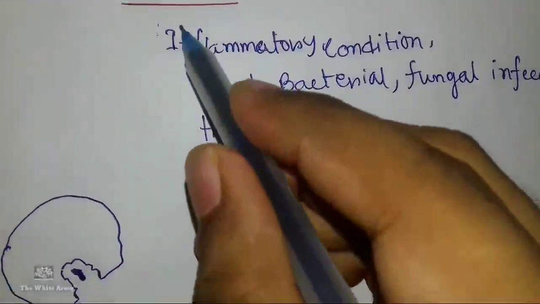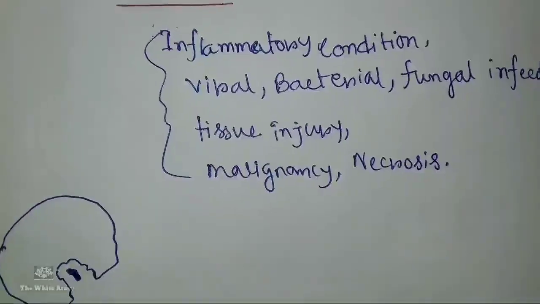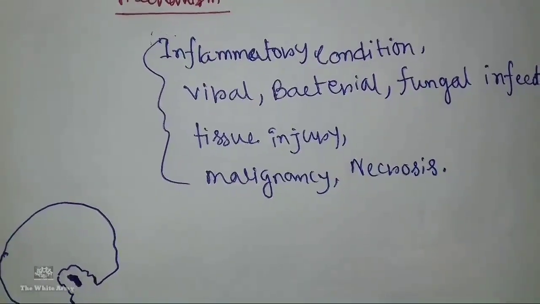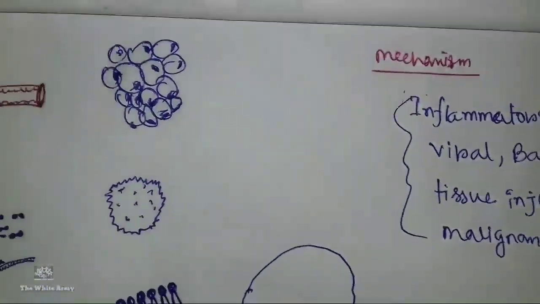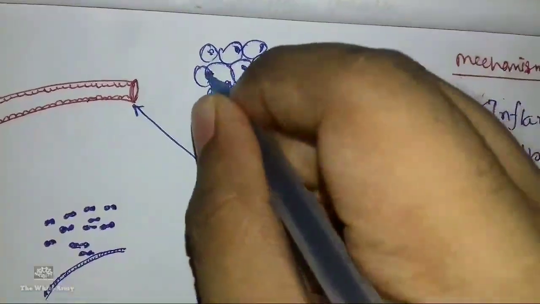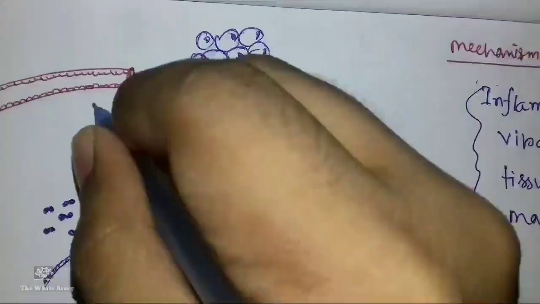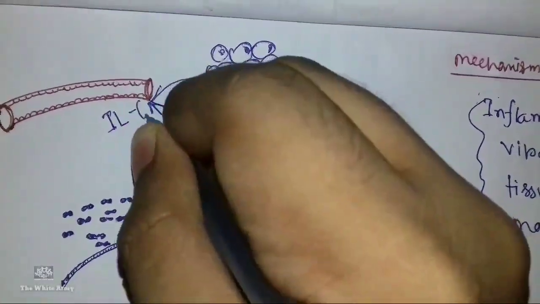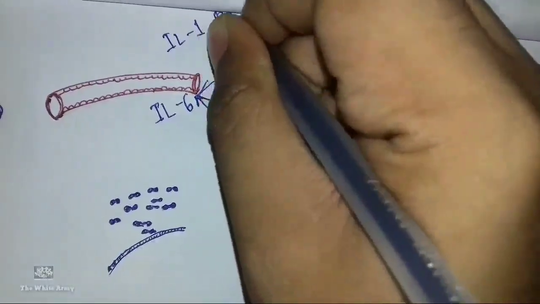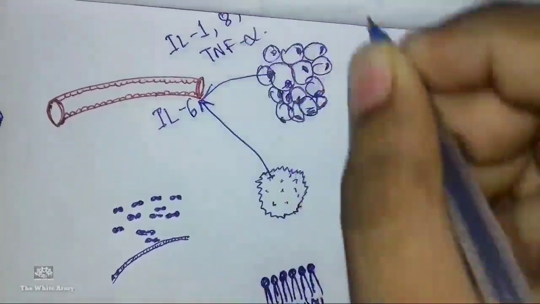These are the conditions which stimulate the secretion of interleukin 6 from two places: the macrophages and the adipose tissue cells. They secrete interleukin 6 and other cytokines like interleukin 1, 8, TNF alpha, and so on.